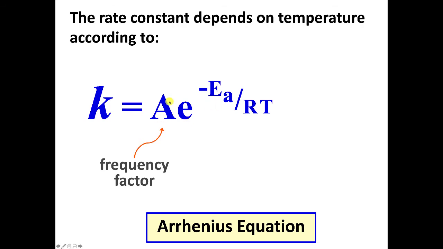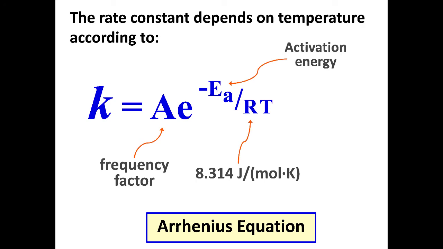For us, it's a constant for a given reaction, and we'll just note it's a thing, and we won't calculate anything about it. We will calculate activation energy, and then R is our usual gas constant, and we have to use the joules value, and then T, of course, is our temperature, and we, of course, have to use temperatures in Kelvin.